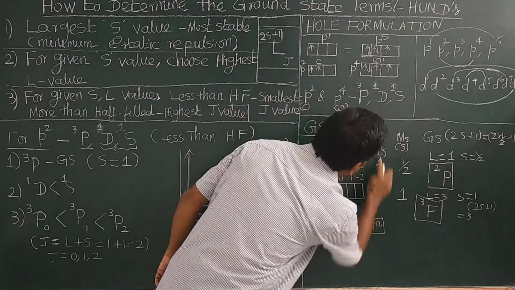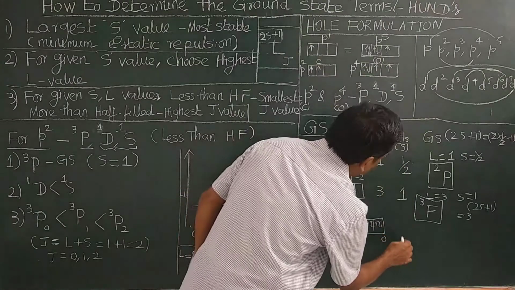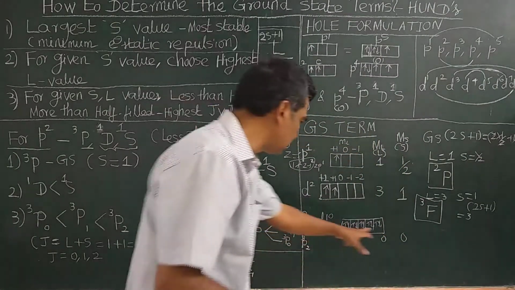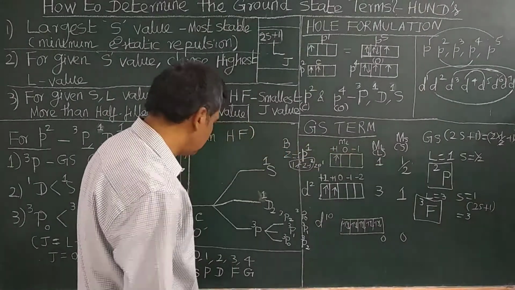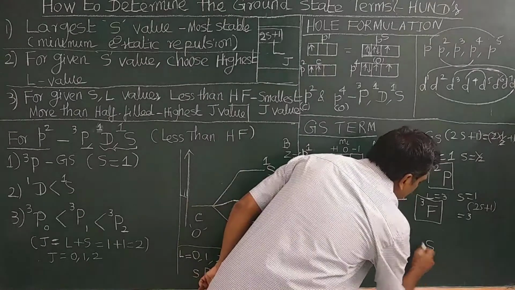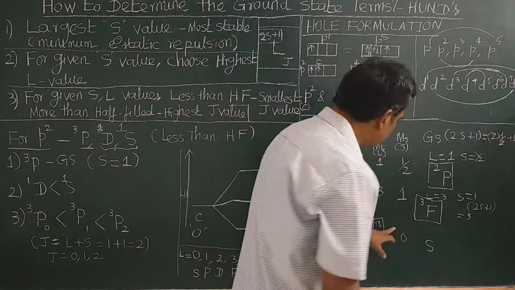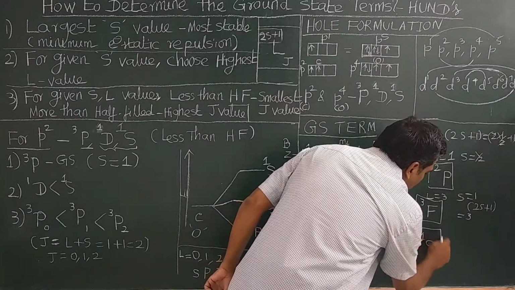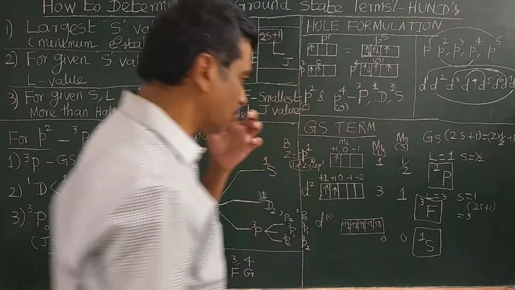Therefore, ML equal to 0 and MS equal to 0, because plus and minus cancel. Therefore, L equal to 0, an S state, and 2S plus 1, with S equal to 0, gives 1. So 1S is the ground state term symbol for the D10 electronic configuration.